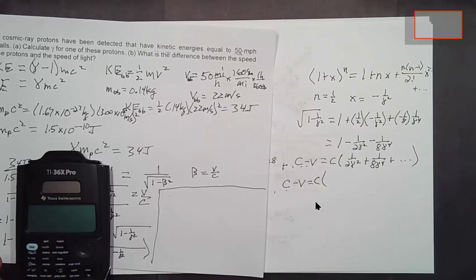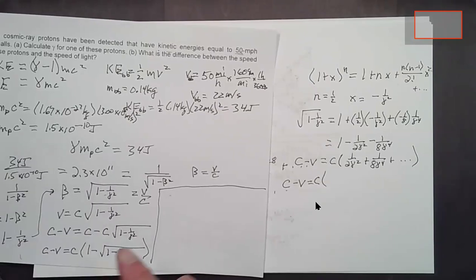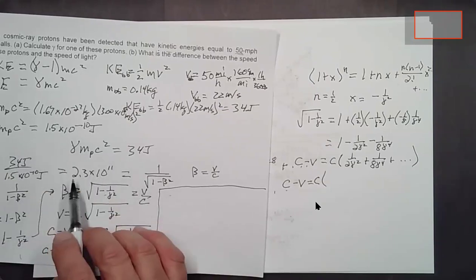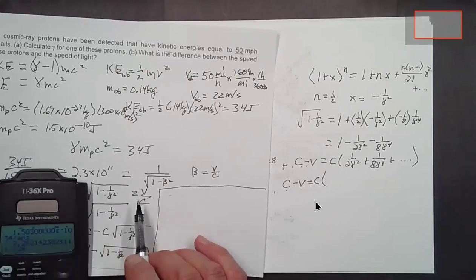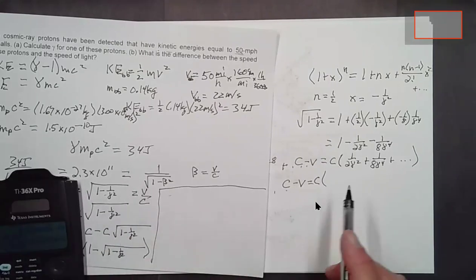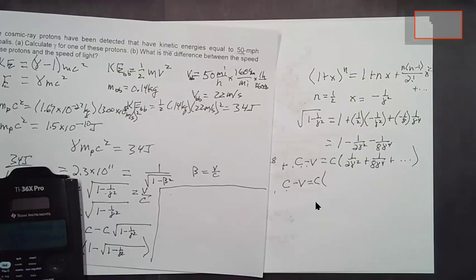So 1 divided by, turn on calculator first, 2 times gamma, here somewhere it was 2.3 times 10 to the 11th, and I have to square it. So 2.3 EE 11 squared.